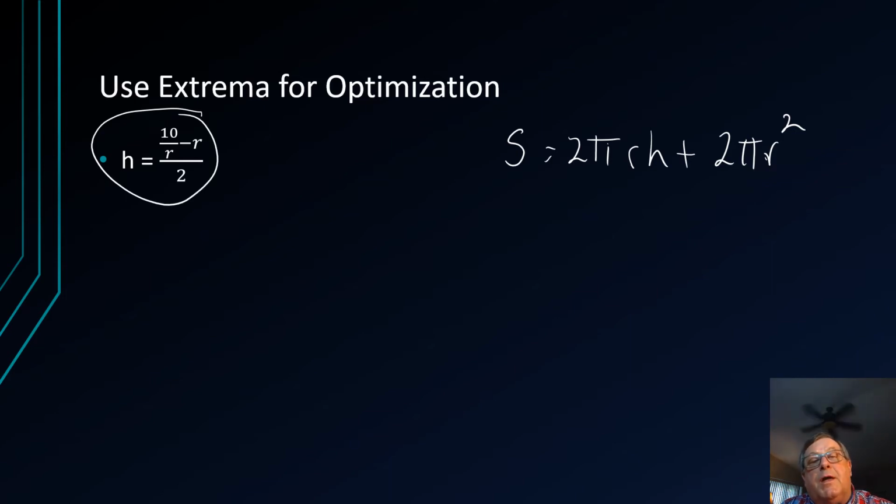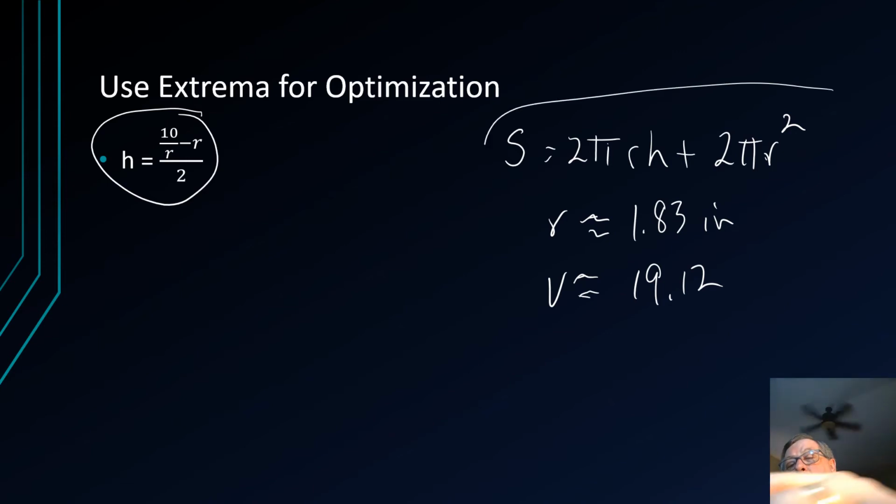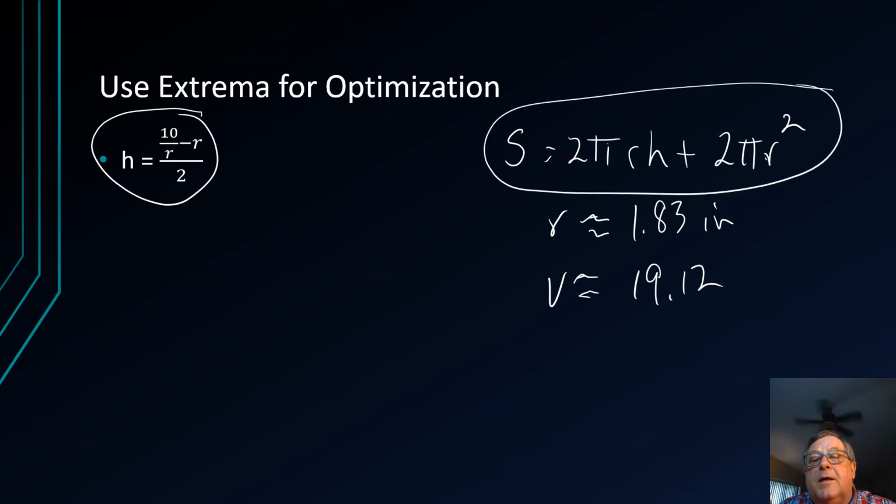And as we just went in and looked at and solved for extrema, we found that the radius was approximately 1.83 inches, and the volume, even though we're not asked to even describe it, was actually, I think, 19.12. If I go back to where I solved in this formula for h, I can substitute in this 1.83 for r and get us our height.